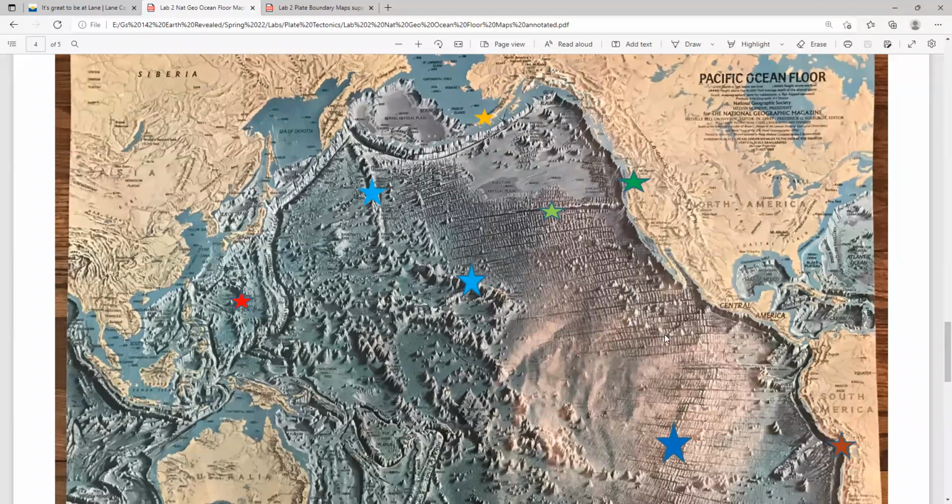Now think about it. If the entire plate keeps on going this direction, are these volcanoes here ever going to go down the Aleutian Trench? No. By that time, the whole plate's moving to the northwest.